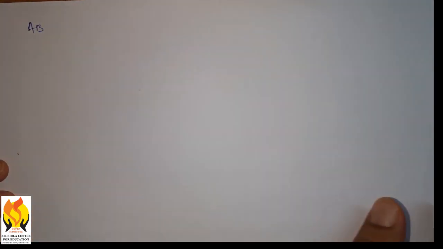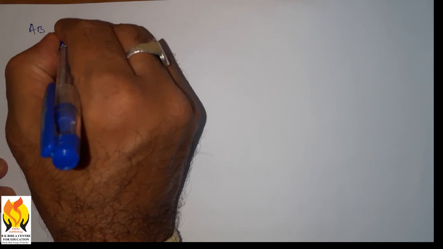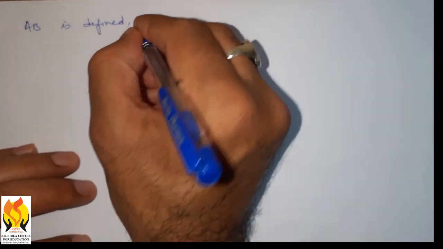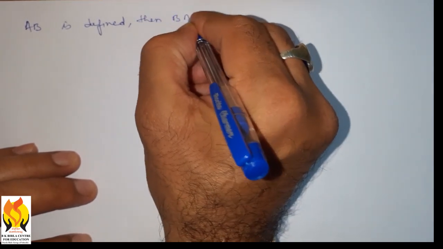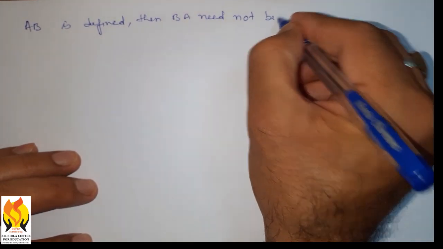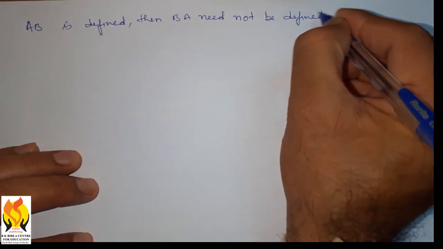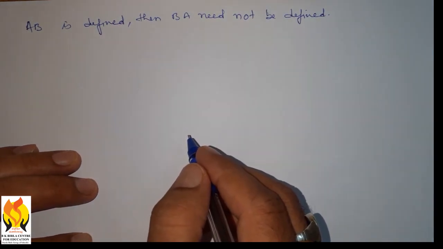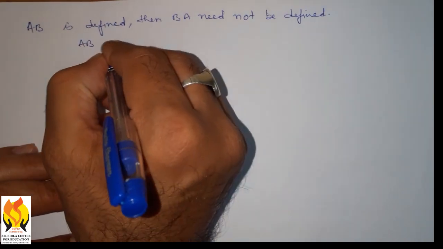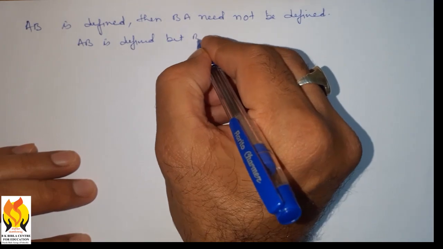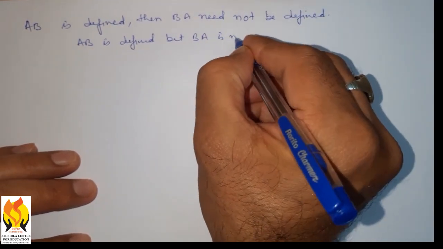Now, as we see above, AB is defined. Then BA need not be defined. It is not necessary, and of course, in the above case, it is not. Here AB is defined, but BA is not defined.